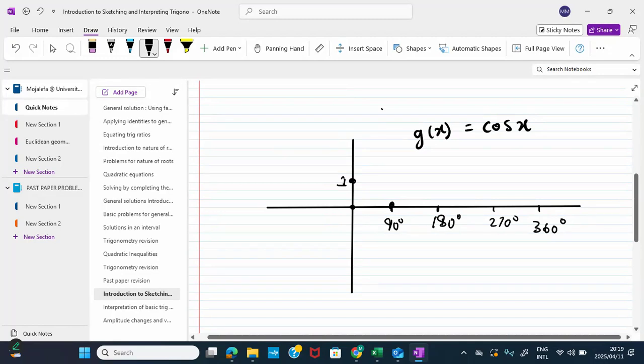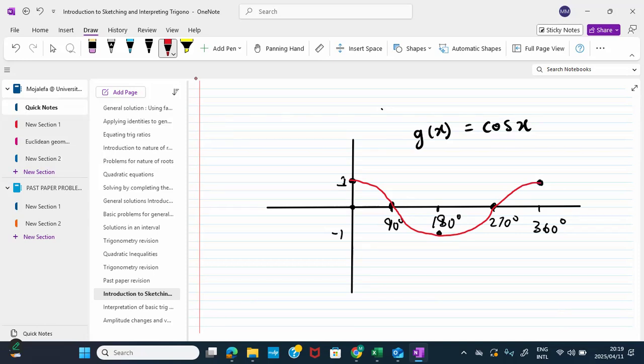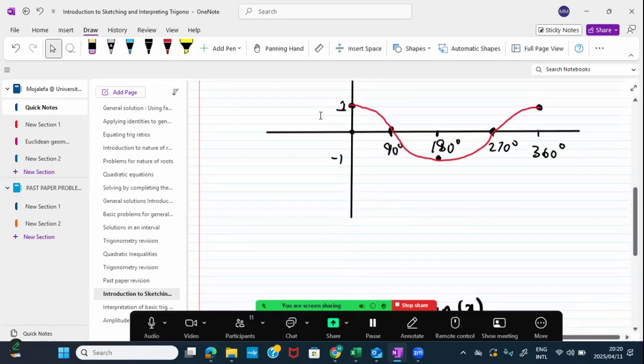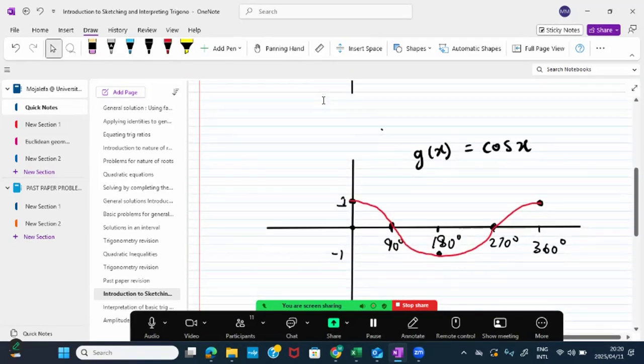Cos 180 is going to be -1. Cos 270 is going to be 0. Cos 360 is going to be 1. So if we join all the dots, you see, that's the shape of cos x. Cos x forms something like a bowl, sin x forms something like a wave.